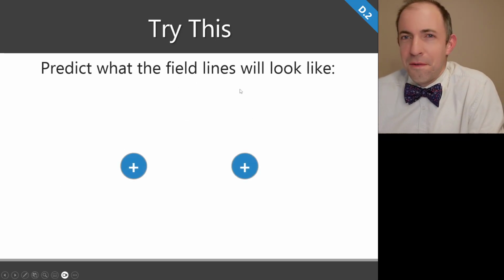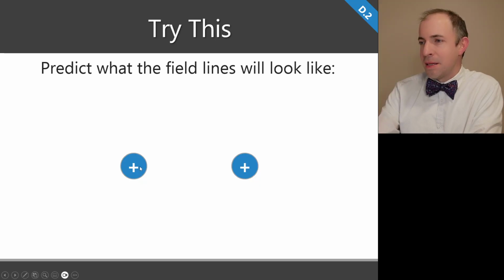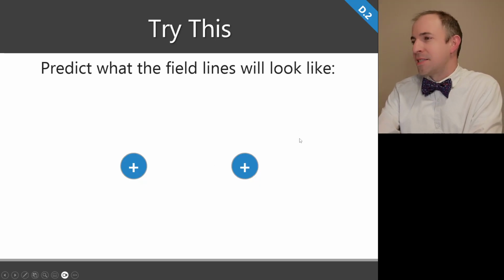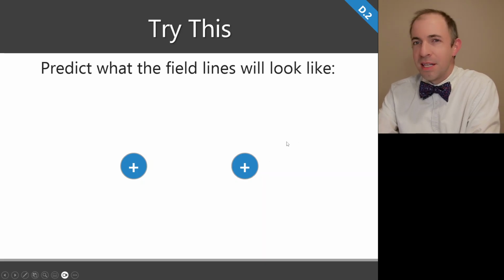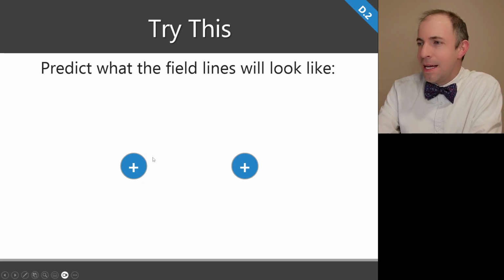We can also predict what field lines look like for two positive charges. It's pretty easy to think about on the sides. If I place a positive charge on the left, it's repelled by both of these and moves off to the left. If I do the same on the right, it's repelled by both and moves to the right. If I place one in the middle above, it's repelled by both pretty equally, and it will be sent upward.